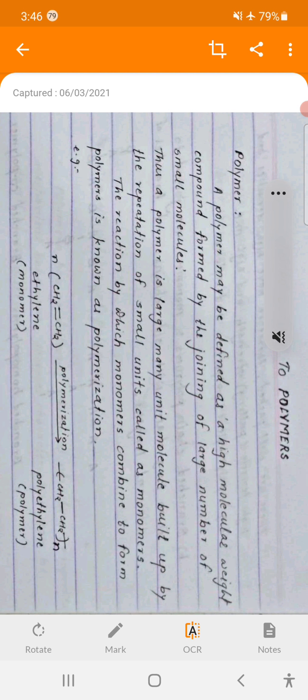And nowadays polymers are widely used in solar cell applications, also in mobile devices, that is mobile screens, computer screens.